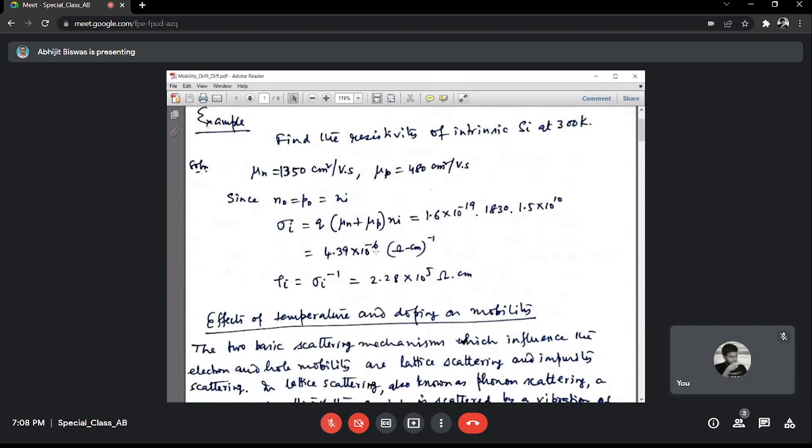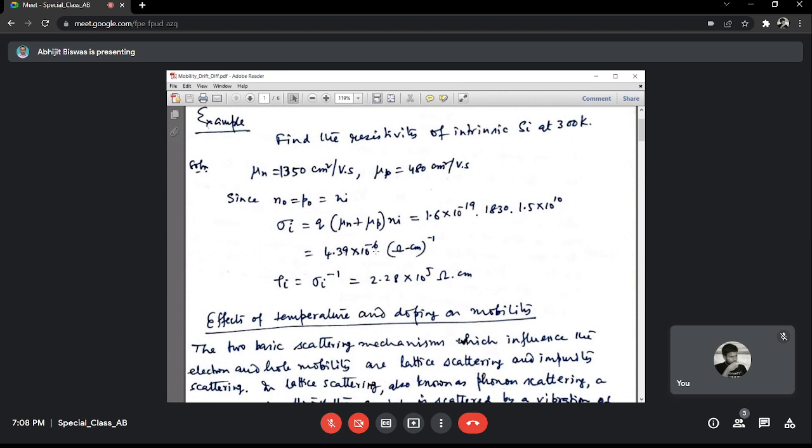Okay. So here, the thermal equilibrium concentration of electrons, that is n0, is equal to p0, the hole concentration, and that is equal to the intrinsic carrier concentration.